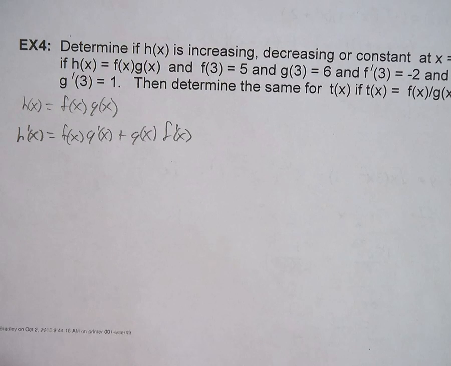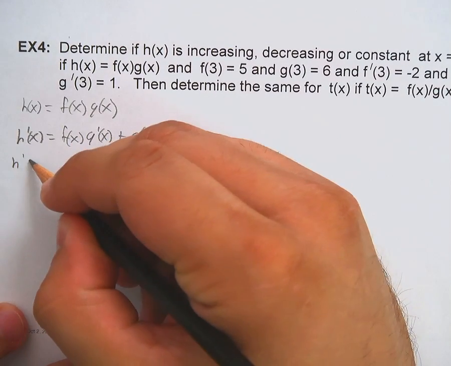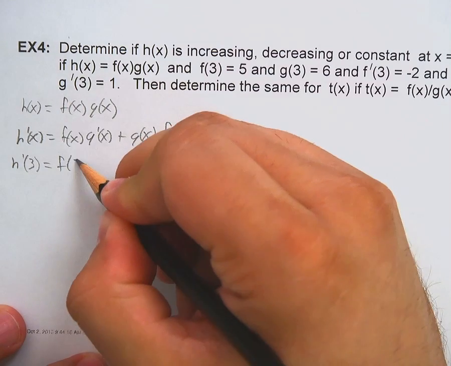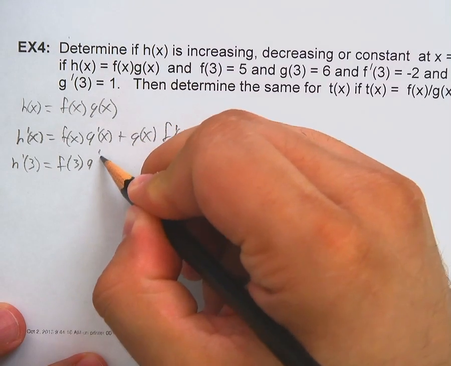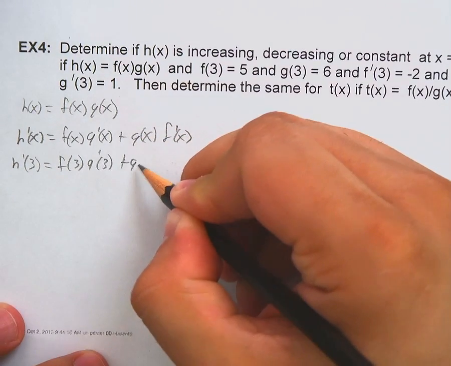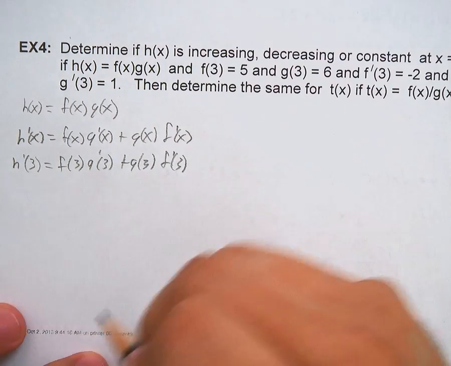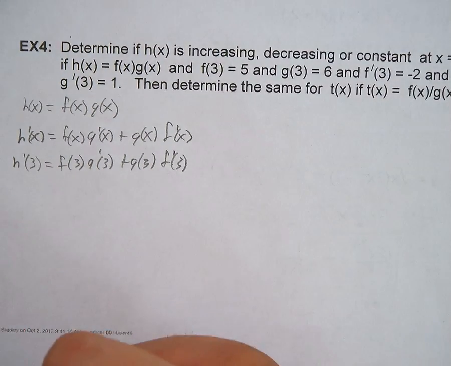Now, I'm trying to find h prime of 3. I want to know the slope at 3. So that's f of 3, g prime of 3, plus g of 3, f prime of 3. Well, they gave us all that information.